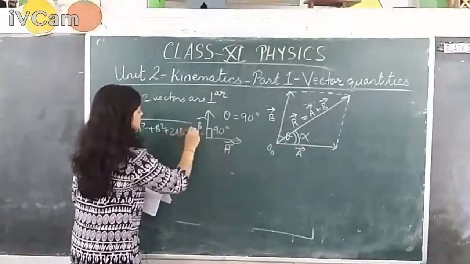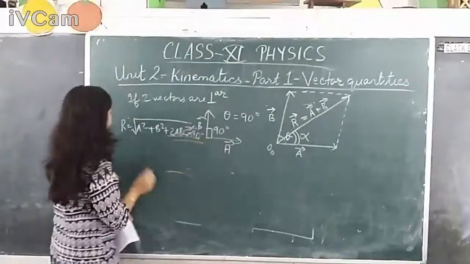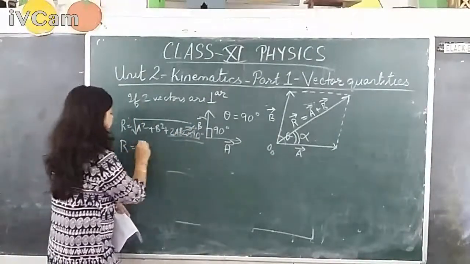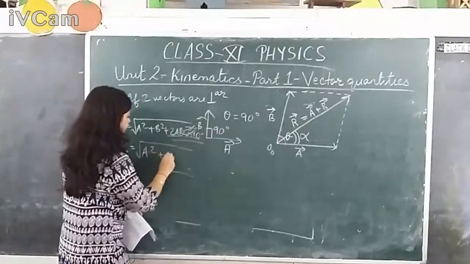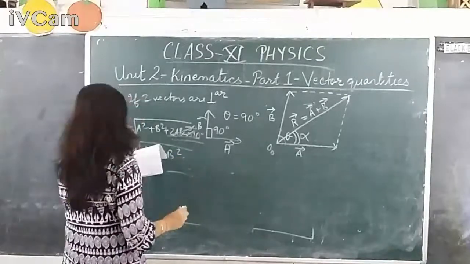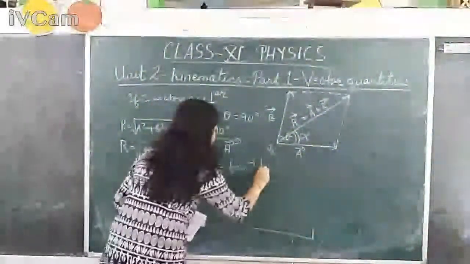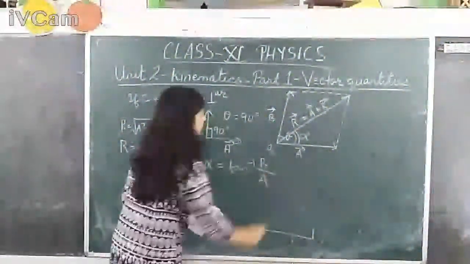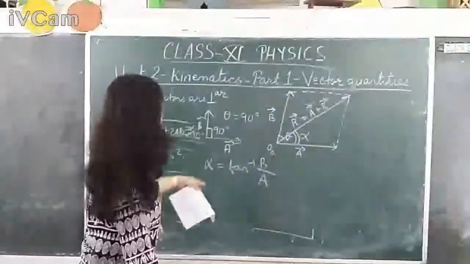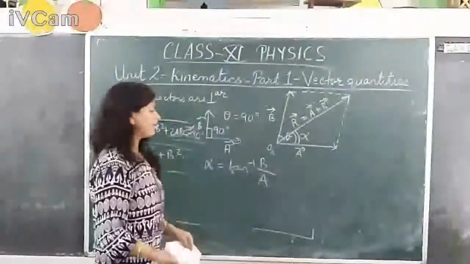Cos 90 is equal to 0, so this term will be null and void. So R will just be equal to √(A² + B²), and you can replace the value of θ in the given expression, then you will get α is equal to tan inverse of B by A.